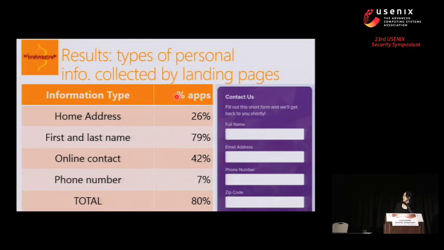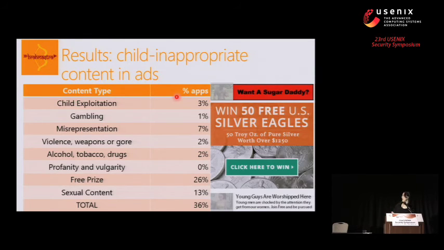With this analysis, we found that many of these apps have ads that point to landing pages that attempt to collect some personal data. And unfortunately, Mechanical Turk workers classified much of the content as types deemed inappropriate for children.